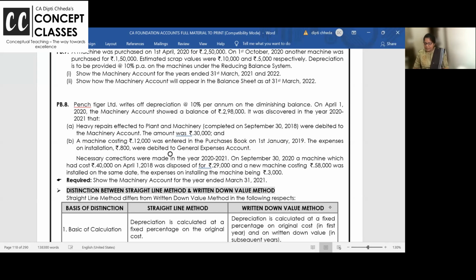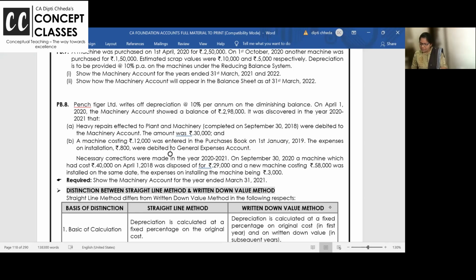Painch Tiger Limited writes off depreciation at 10% per annum on the diminishing value method, and on 1st April the machinery account showed a balance of 2,98,000. Now, heavy repairs of plant and machinery were debited to the machinery account.